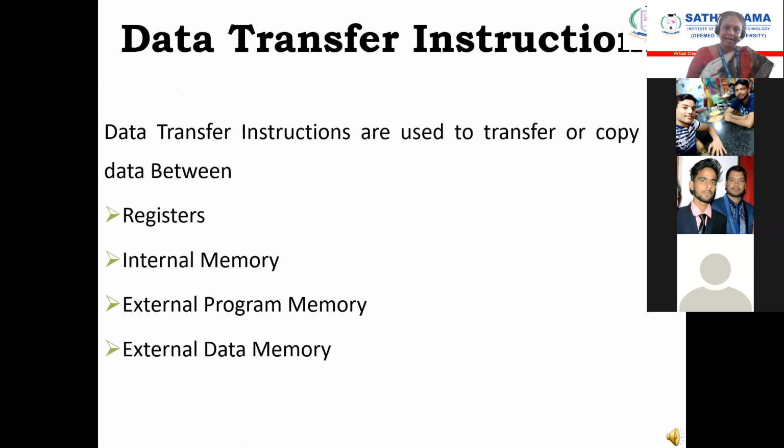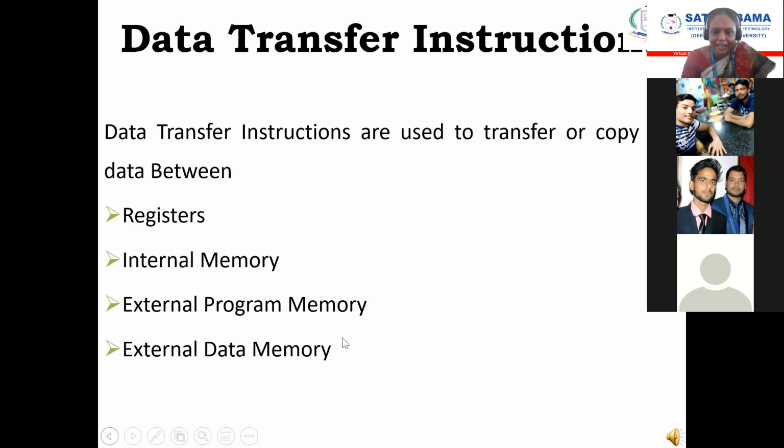Okay, so data transfer instructions, there are 4 types. My data will be between the registers, between internal memory, or it may be external program memory or external data memory. So MOV supports transferring the data between the registers, internal memory, external program memory or external data memory.